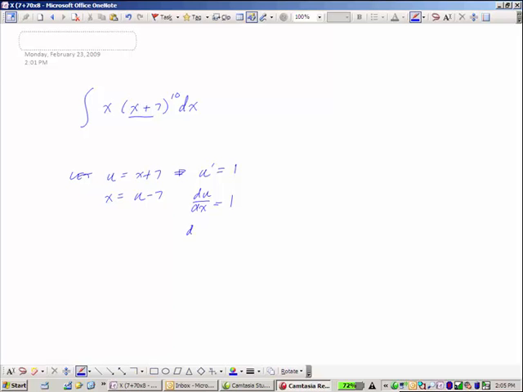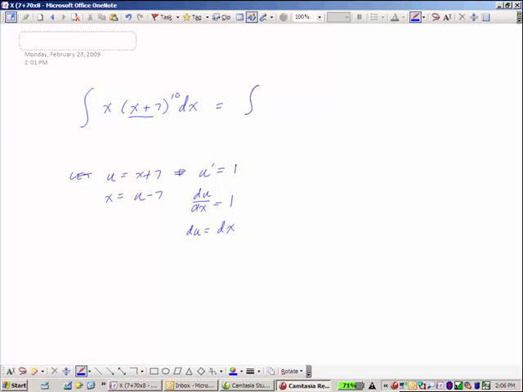And that means that du equals dx. Is that all right? In this case, it's very straightforward because the derivative of u equals 1, so du equals dx. In some cases, it's not going to be equal to 1, so there's going to be a relationship between du and dx that's not a 1-to-1 ratio. But for now, start off with that, and we're ready to plug some things in.